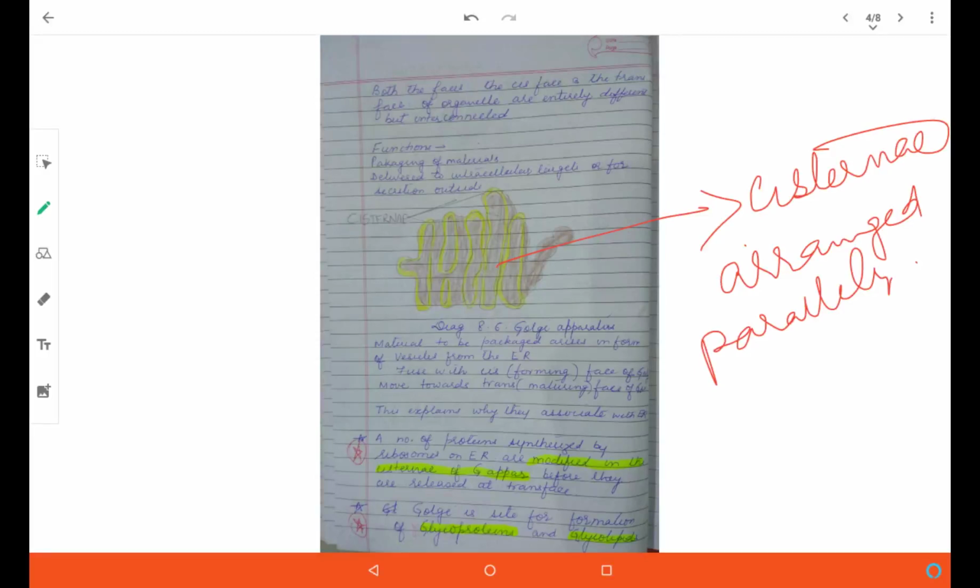The packaged material arises in the form of vesicles at the trans phase. This explains why they associate with endoplasmic reticulum, because the proteins which are formed in endoplasmic reticulum get out in the form of vesicles from the endoplasmic reticulum, and they coalesce with the cisternae at the forming phase, and after processing they emerge at the trans phase.